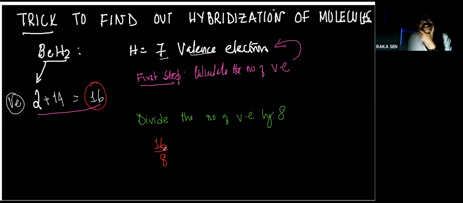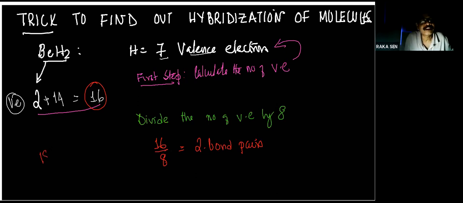It is directly divisible by 8, so there will be 2 bond pairs. Let me write it down. You will not find this in any books. 2 bond pairs are there. So if it is exactly divisible, then there will be 2 bond pairs.